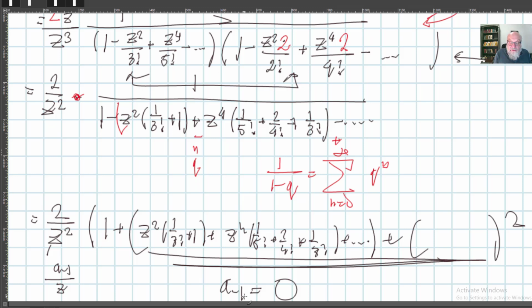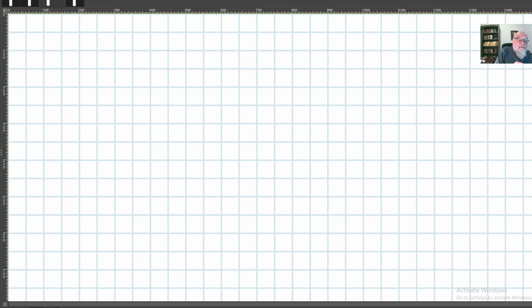You cannot have a non-zero coefficient standing by the negative power of z, z to the minus 1 power. So in such a case we finish the computation, because now we can write the answer.